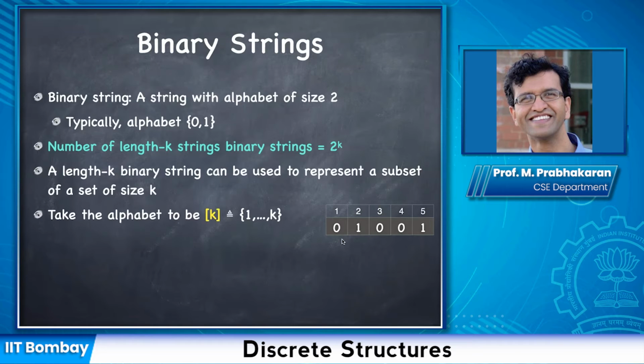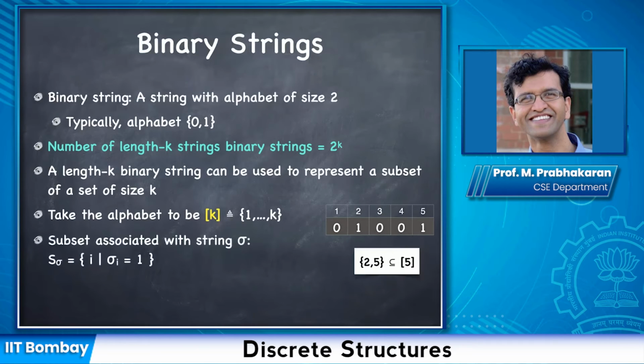So this is very much the same way we talked about a predicate defining a subset. So this is actually a predicate, a function. So a string corresponds to a function to the alphabet being 0, 1. You could think of this as a predicate. The string could be thought of as a predicate over this set 1, 2, 3, 4, 5, and then it corresponds to a subset, right? So in this case, subset formally is just all those positions i in the set k, where the string assigns a value 1.